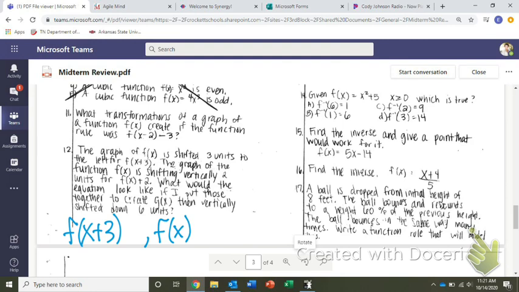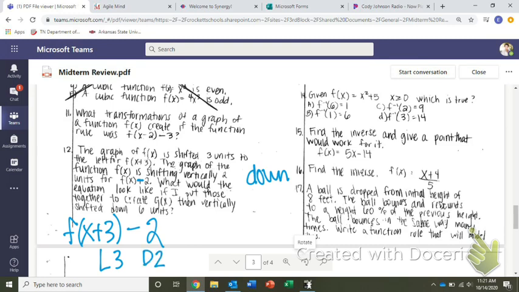Where it says f of x plus 2, make sure you change that to a minus. So it should be f of x minus 2 because we're going down, okay? Now, if I combine those, this is what I get. This is left 3, down 2.